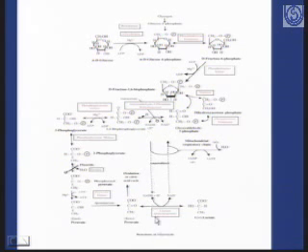So the enzyme lactate dehydrogenase converts NADH plus H to NAD because it requires NADH plus H as its coenzyme. In this process, pyruvate gets converted to lactate and NADH plus H gets converted back to NAD. Now this NAD goes back to this reaction and glycolysis can continue.